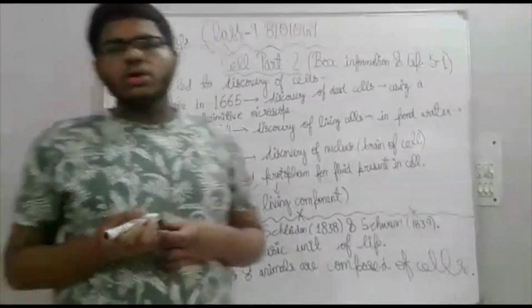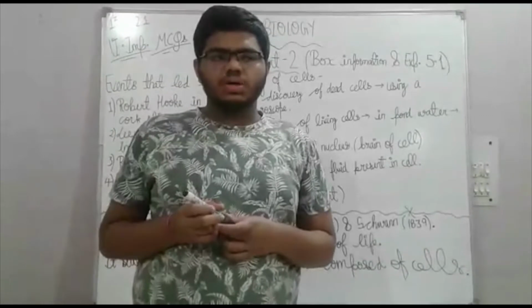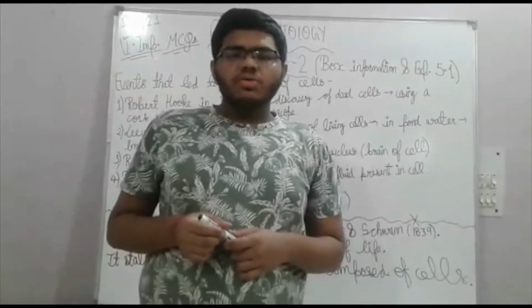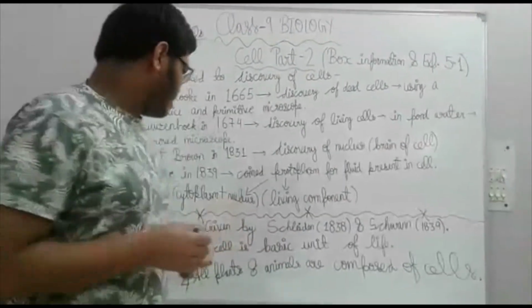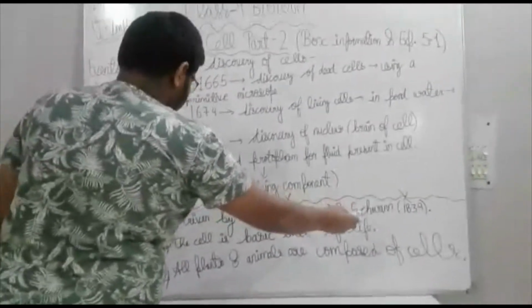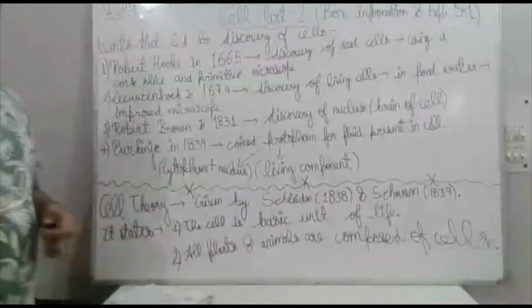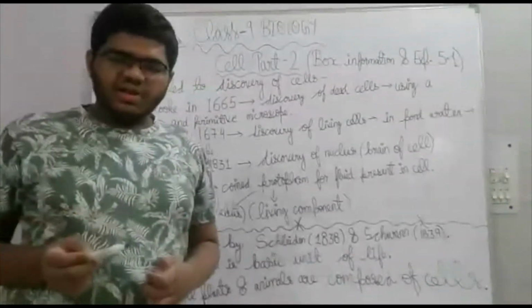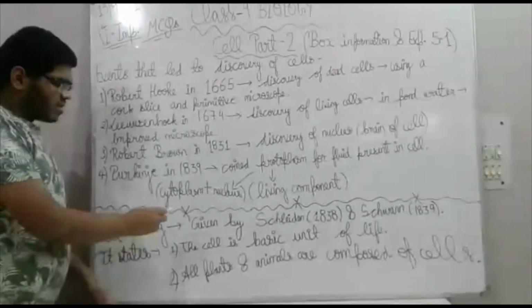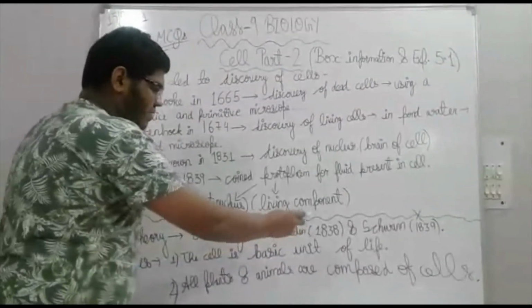Now, another important topic of the chapter, which is very important for MCQ, is cell theory. Cell theory was given by Schleiden in 1838 and Schwann in 1839. You will study the cell theory in class 11, and it basically states that the cell is the basic unit of life.